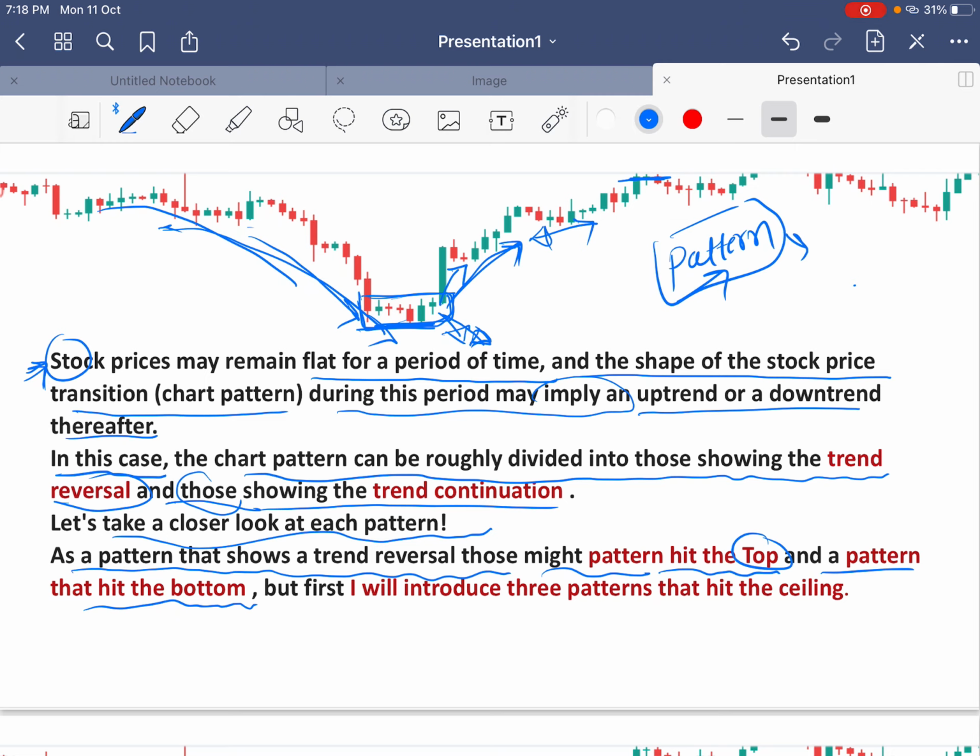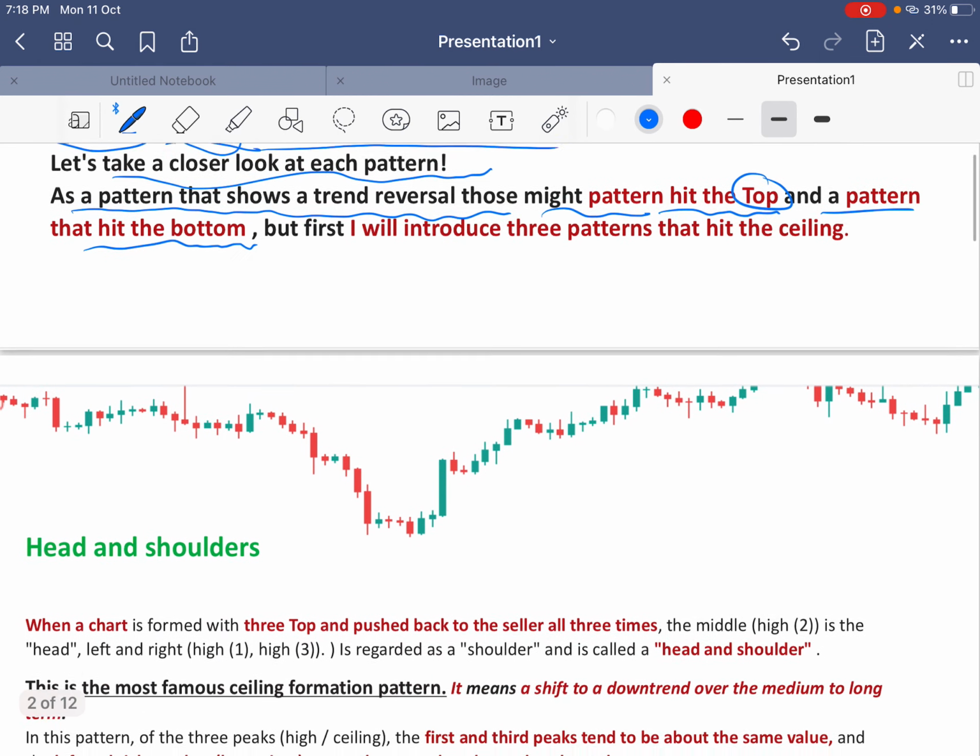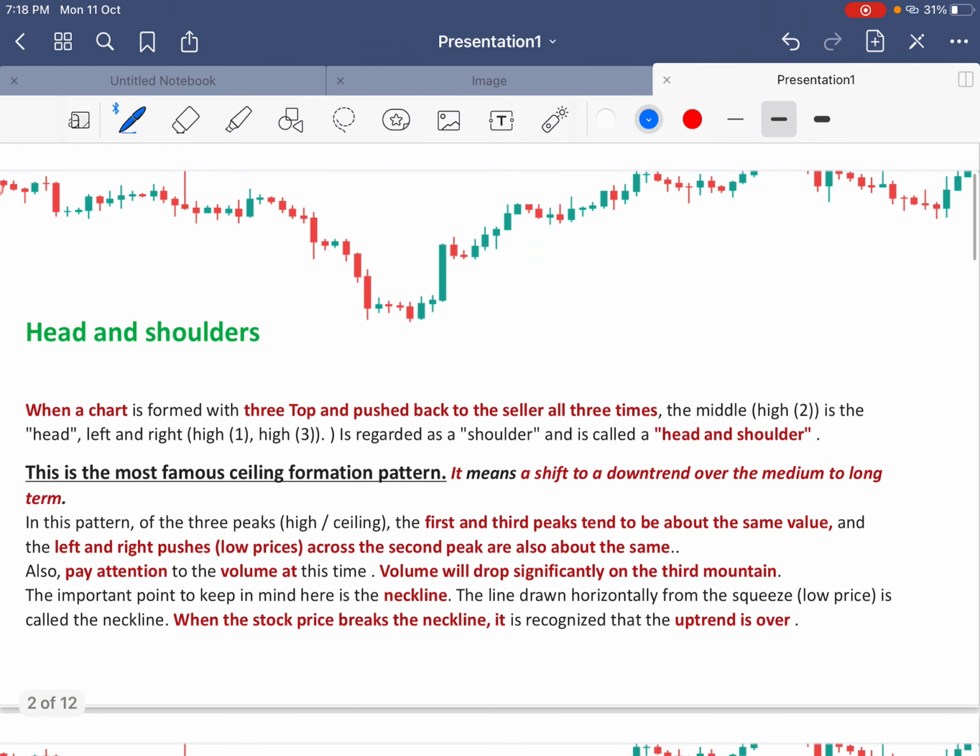So these patterns are roughly divided into top hitting patterns and bottom hitting patterns. My first pattern that I'm going to discuss is a very profitable pattern, and you should learn how this pattern appears and how you can identify it in a trade.